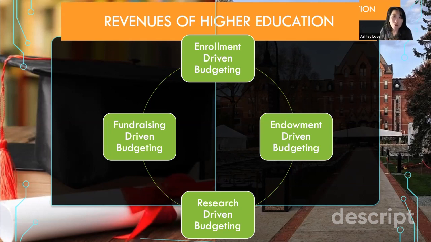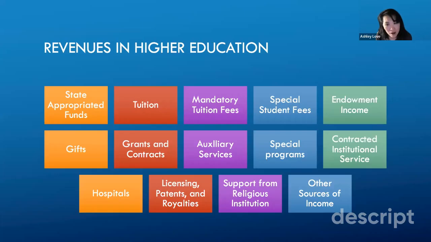Some universities do combinations of all, but I gave you some examples: enrollment driven budgeting, University of Michigan; endowment, Harvard does a really great job; research, MIT. There are other institutions in research, usually in tier 1, and then fundraising, Stanford does it really well. So if you want to look at those examples, you can take a look.